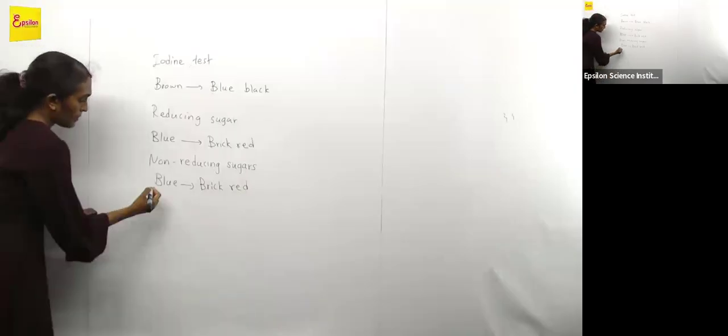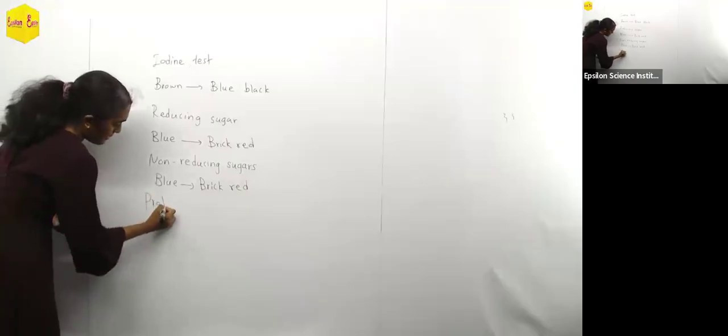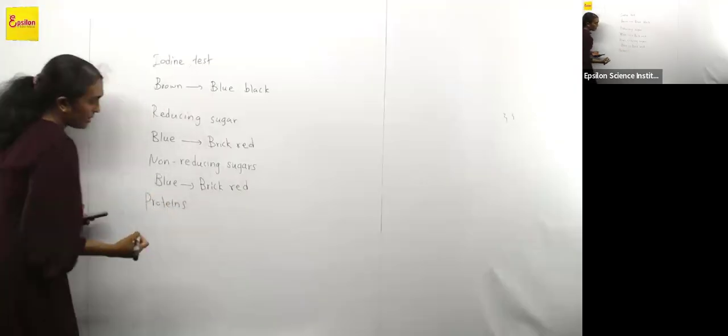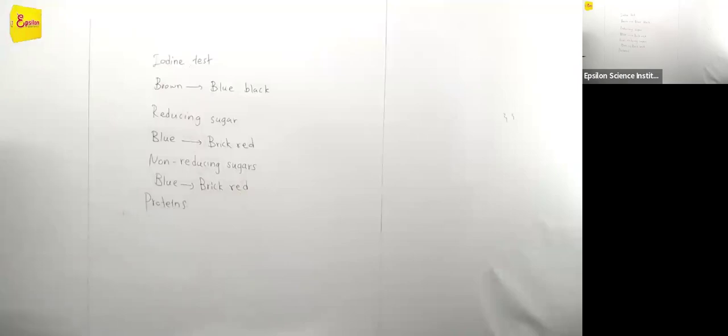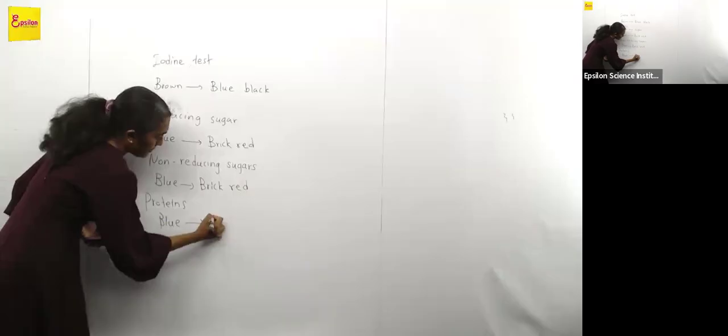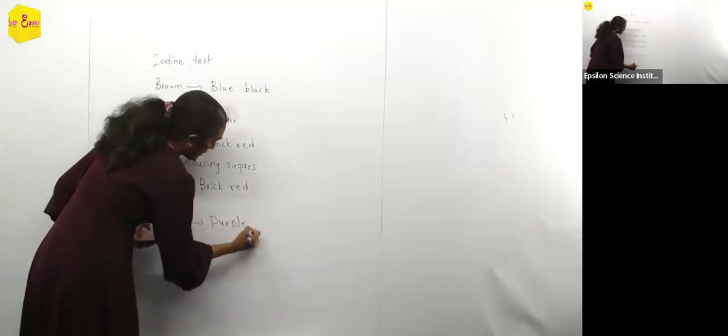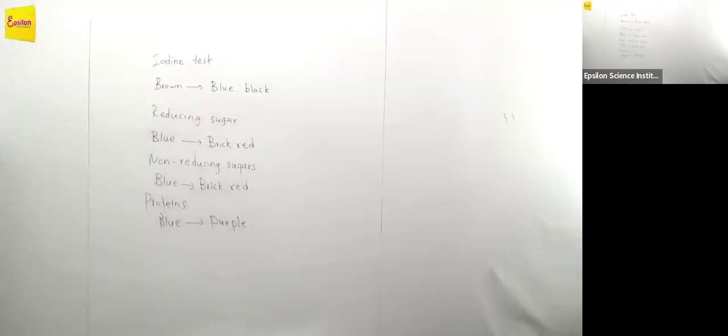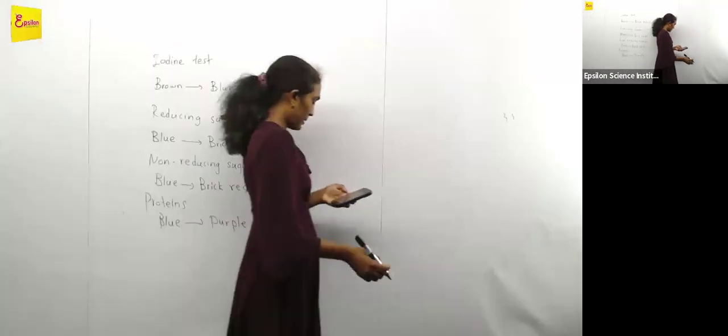Then test for proteins. Biuret reagent also has copper 2+ ions. So the initial color is blue. Blue is turned into purple. Do you remember these colors? Blue is turned into purple.